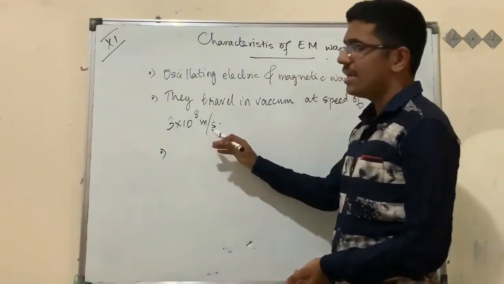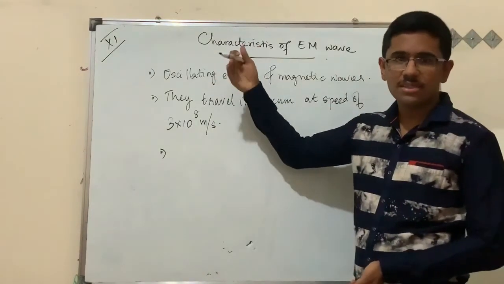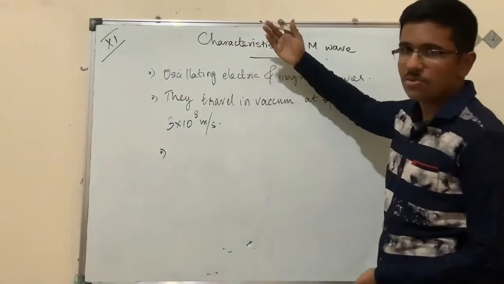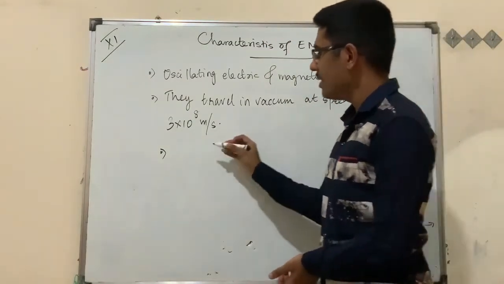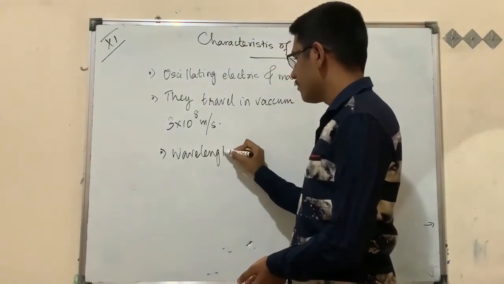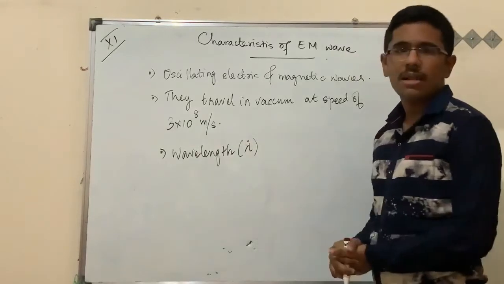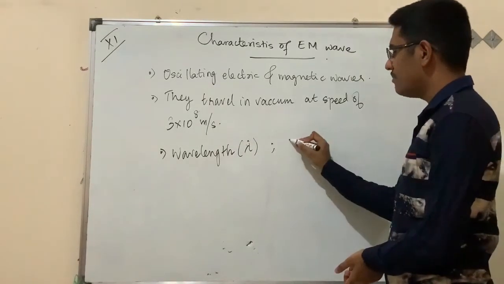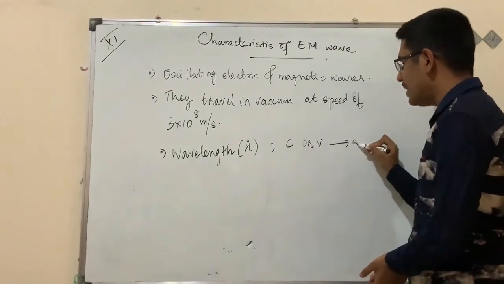So there are certain terms that you should understand in physics when you are studying that lead to the understanding of electromagnetic wave. Certain features. These electromagnetic waves are having wavelength. Wavelength is represented by Greek letter lambda, and the speed of that wave is represented by c, or v represents speed.